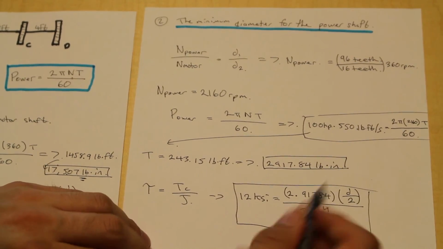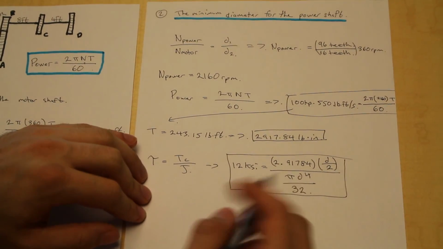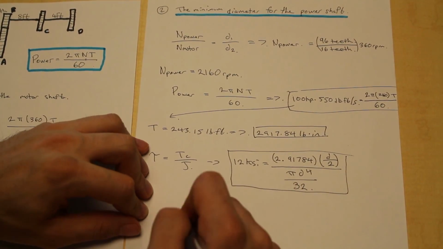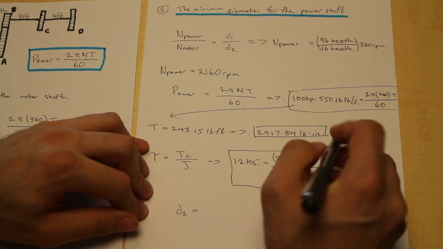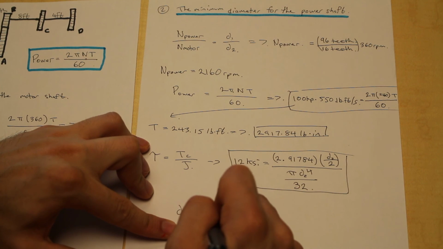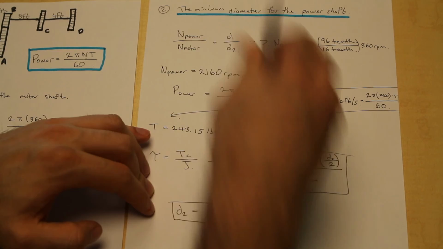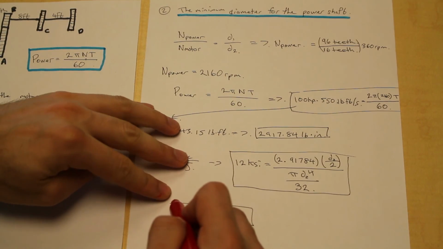Like I said before, you can just stop the video and wait until the answer comes up, but I'm just going to put it down for you here. Solving for D, we get that D sub 2 is 1.074 inches. And that's pretty much it, guys.